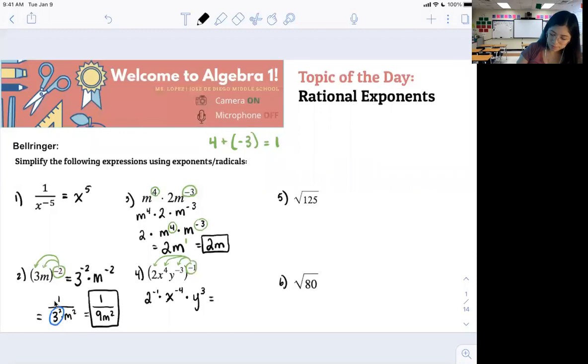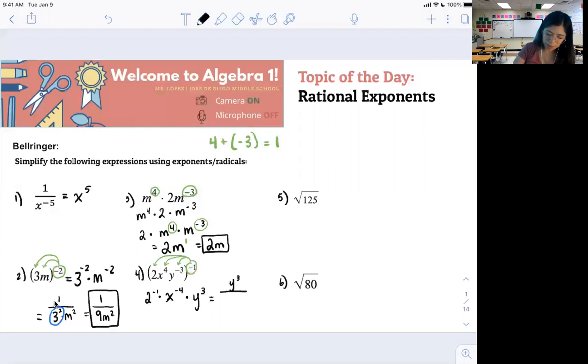So on top, yeah, it stays on top. Remember that technically whole numbers are in the numerator. So like the number 8 is in the numerator because you can rewrite that as 8 over 1. So when I say that the y is staying exactly where it is, I'm just saying that it's staying in the numerator where it already is.